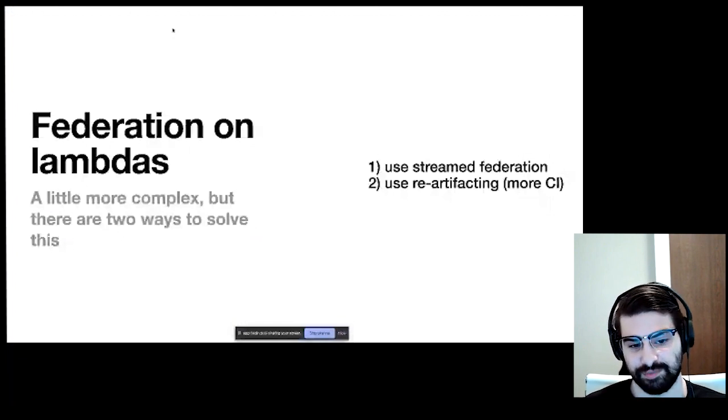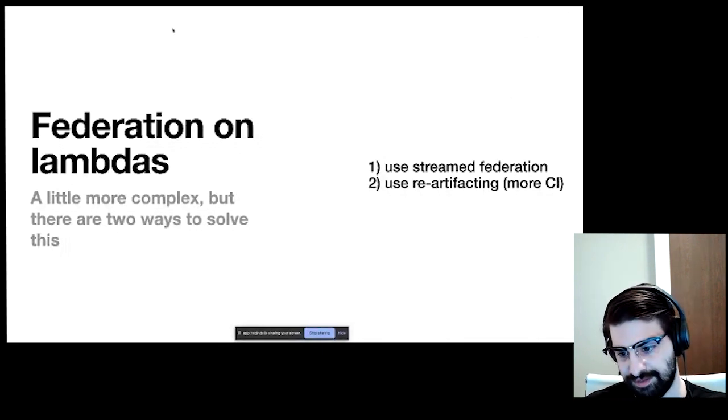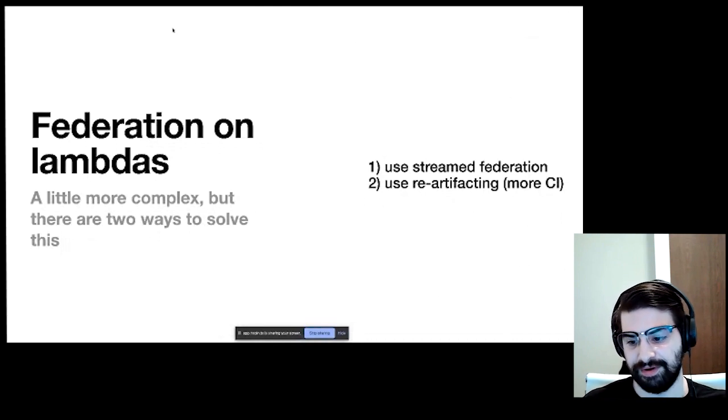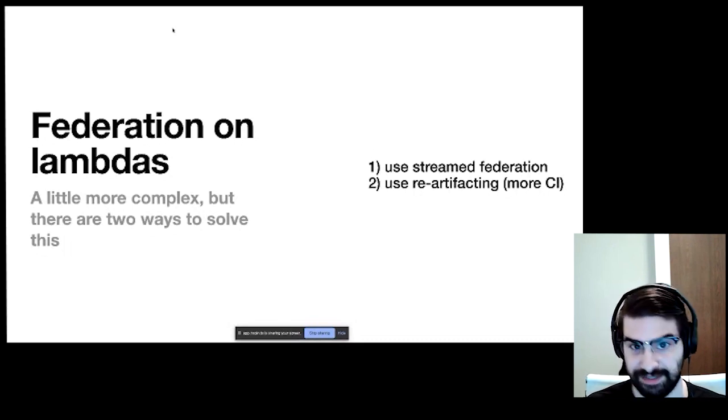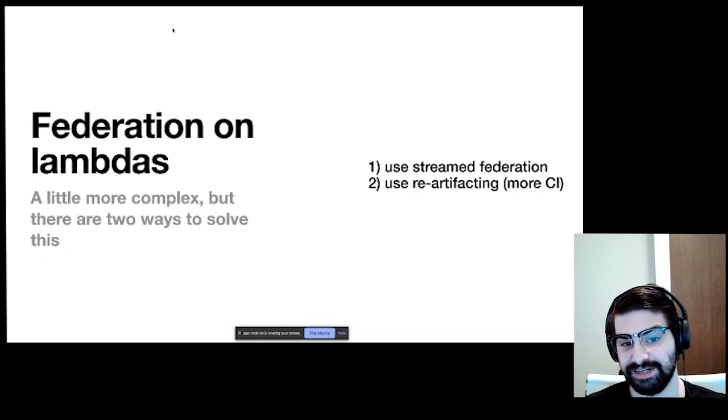But the idea is when you deploy your individual Lambda services, the other services that depend on federated code take the deployed bundle from their S3 bucket and artifact it into the Lambdas that they currently have. So it gives you the ability to have on-disk access.